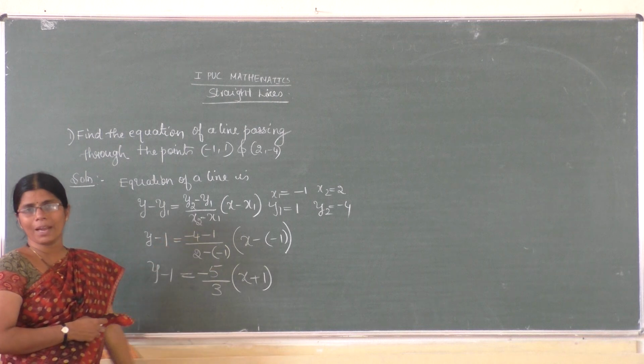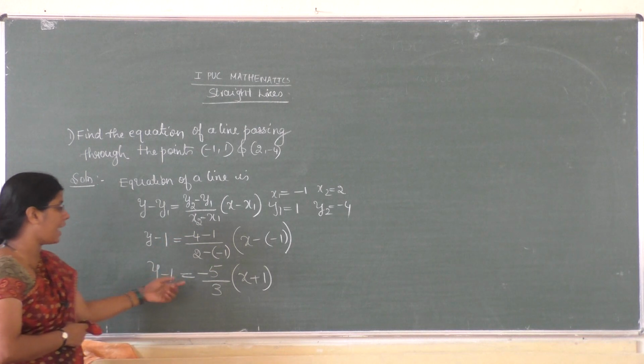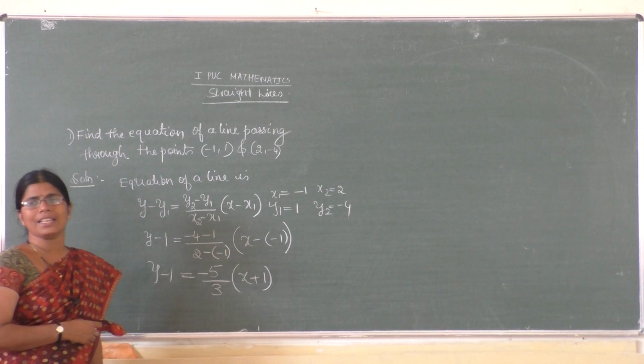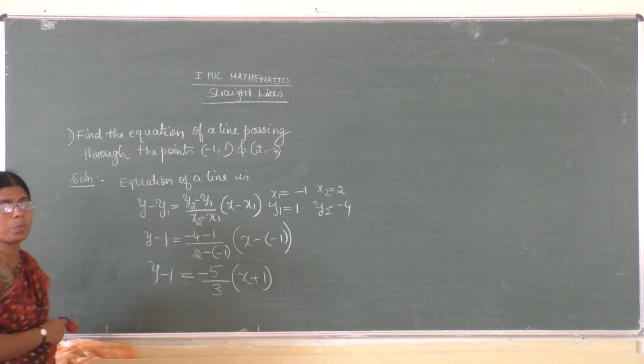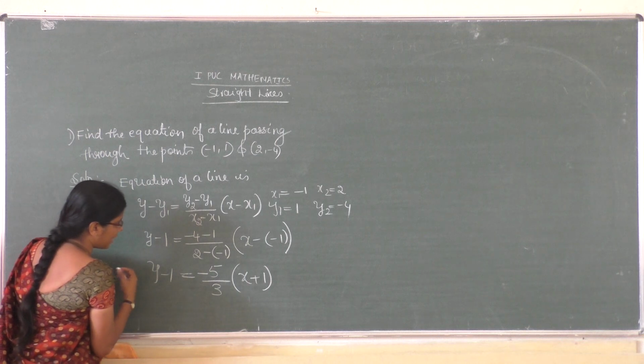Minus 4 minus 1 is minus 5, and 2 minus of minus 1 is 2 plus 1, that is 3.